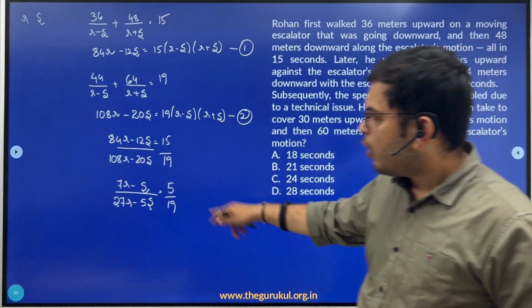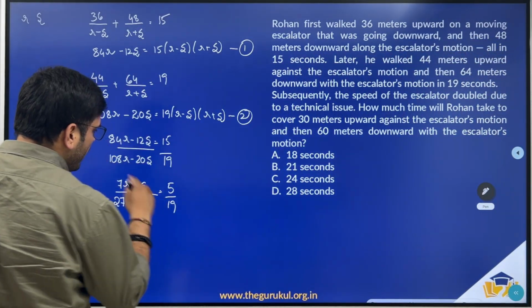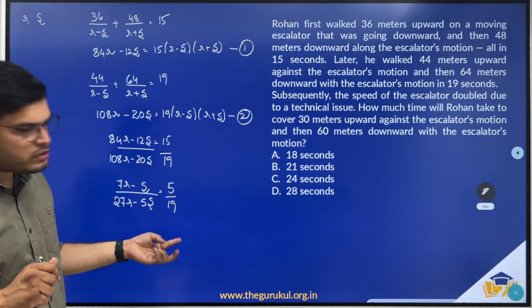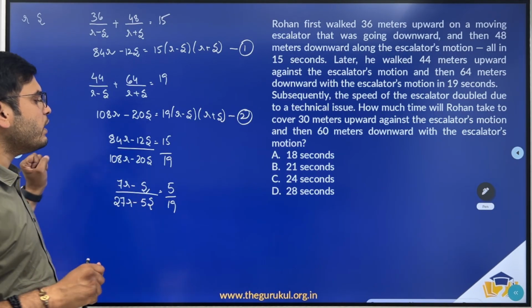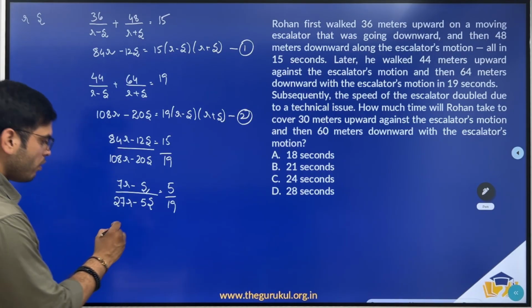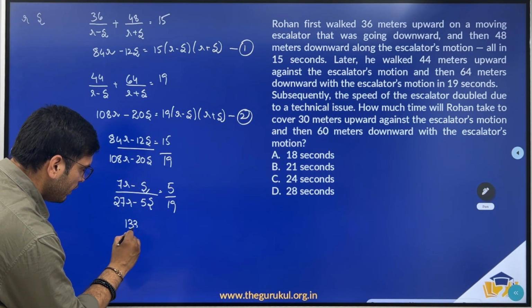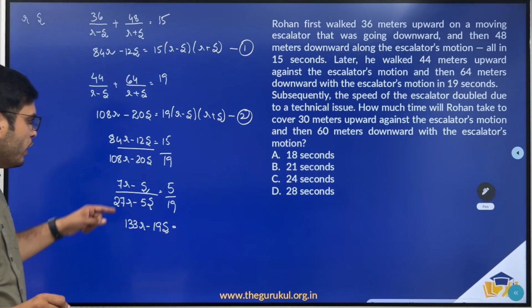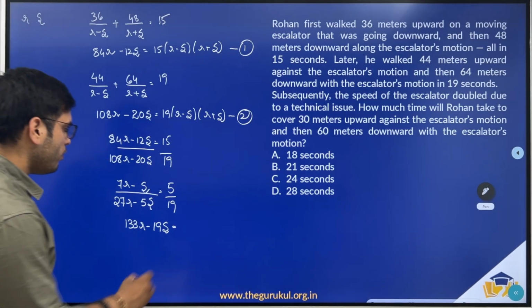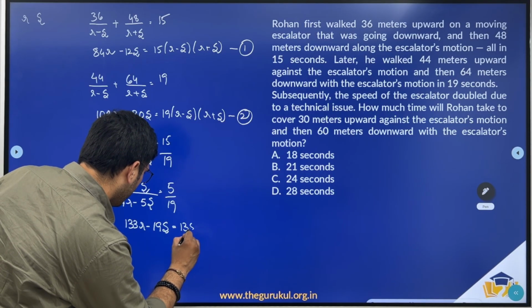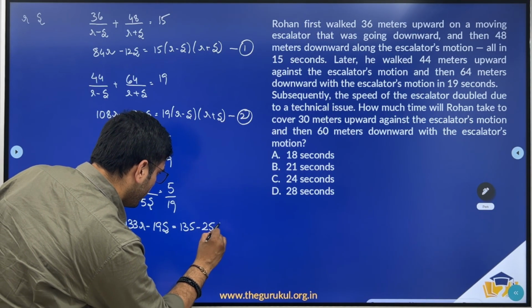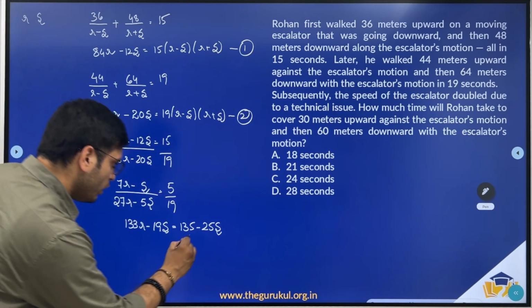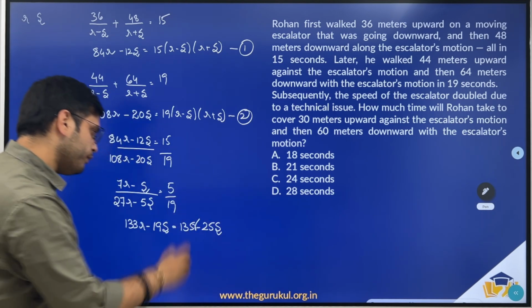Now, on cross multiplication, 7r into 19. 7 into 20 is 140, 140 minus 7, 133r minus 19s will be equal to 27 into 5, which is 135r.